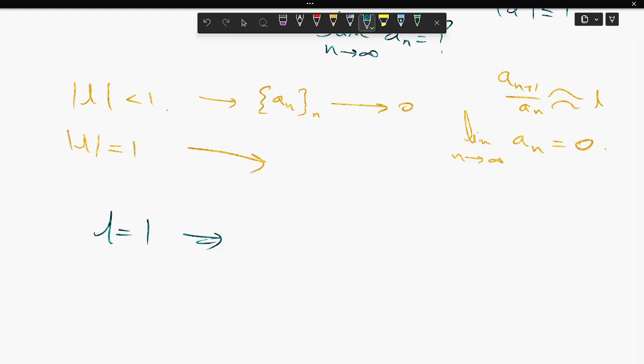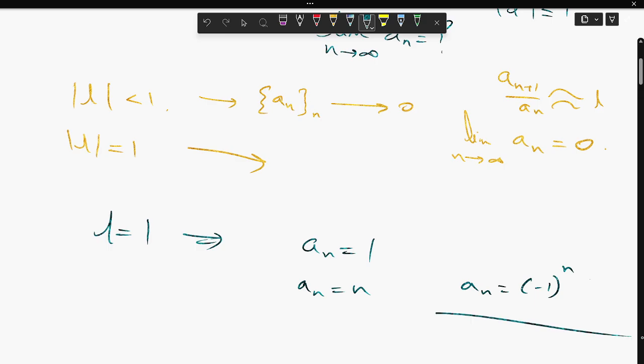Or rather, we can say that if L is equal to 1, the sequence an may converge to a finite limit, an equals 1 for all n, or diverge, an equals n, or oscillate when an is equal to minus 1 to the power n. So if L is equal to minus 1, then only this case appears.